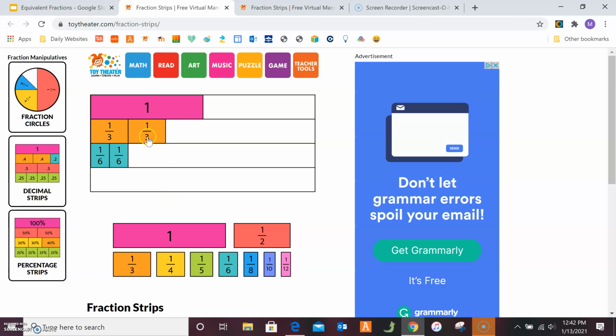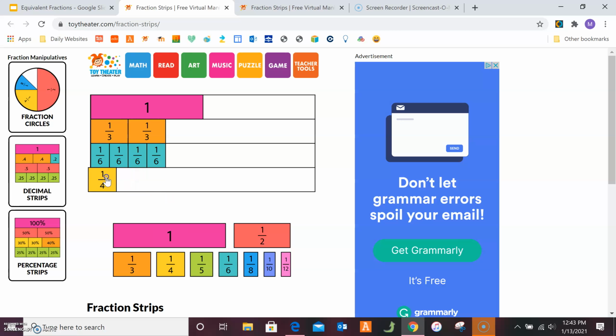So if I have 2/3, I'm going to need 4/6. So 2/3 is equivalent to 4/6.